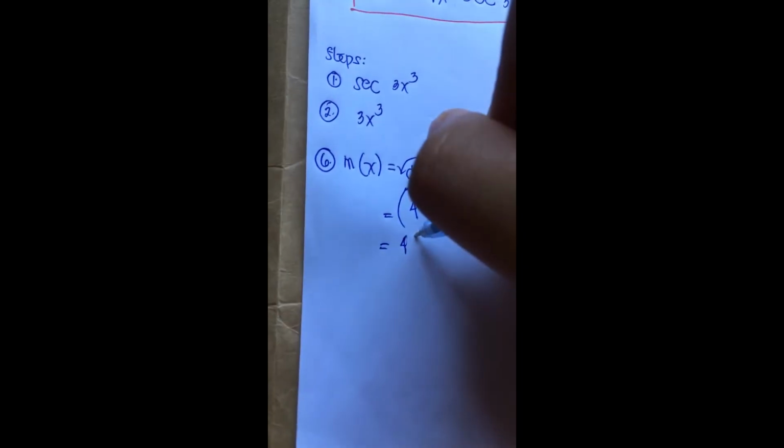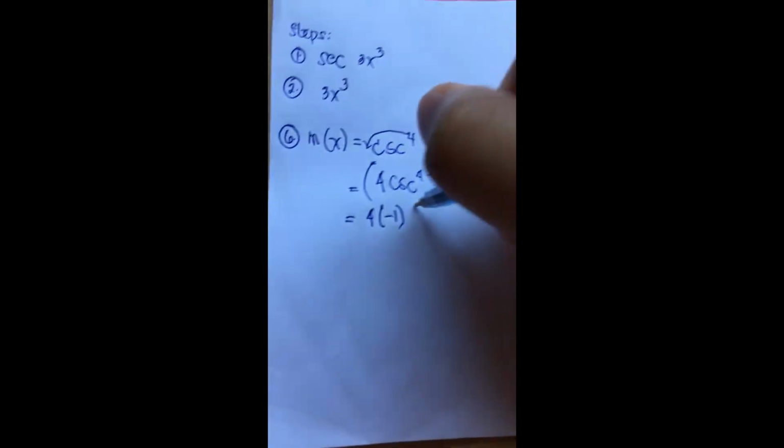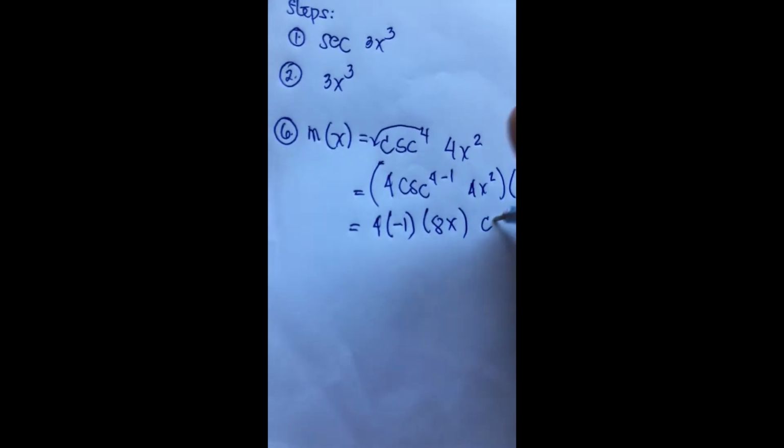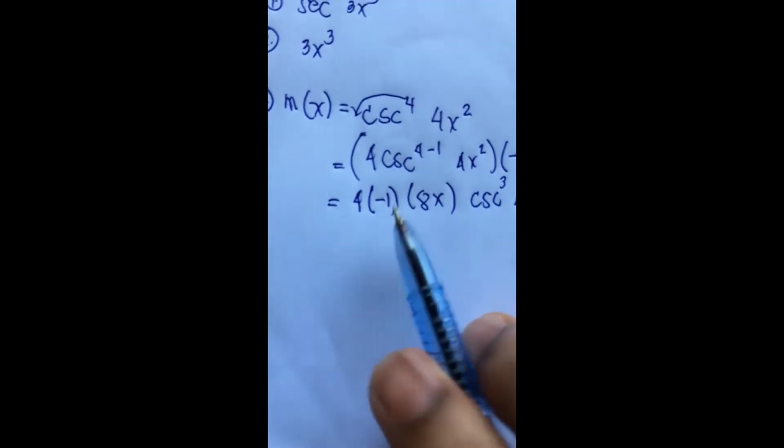Okay, next, rearrange. So you have 4 times, of course, there is the presence of negative, so it should be multiplied by negative 1. Times 8x times cosecant 4 minus 1 is 3, so cube, copy the base, times this one, ito. Wala nang negative kasi yung negative natin is nandito na yung negative 1. So magiging cosecant 4x squared cot 4x squared.